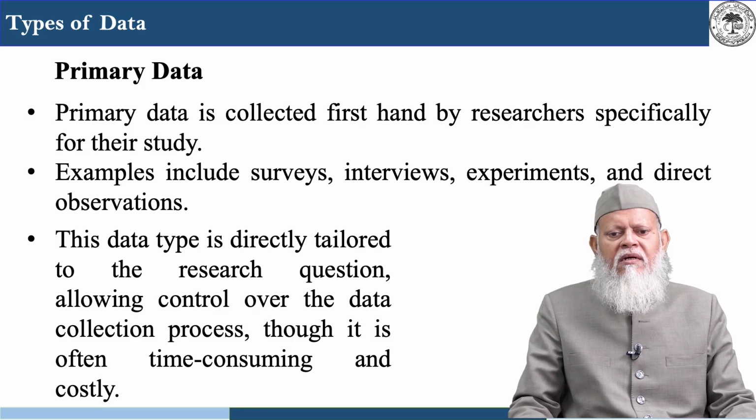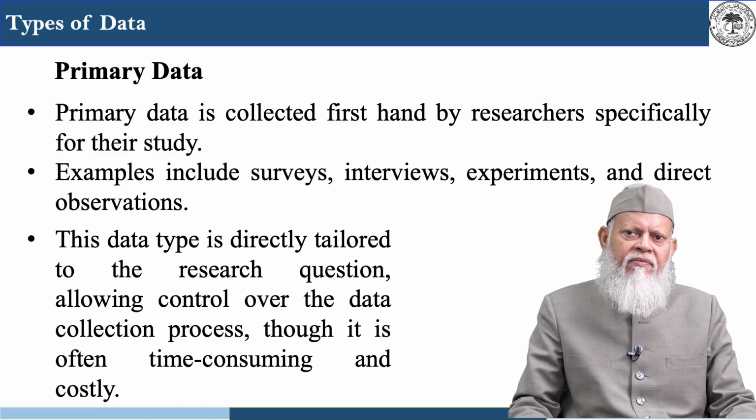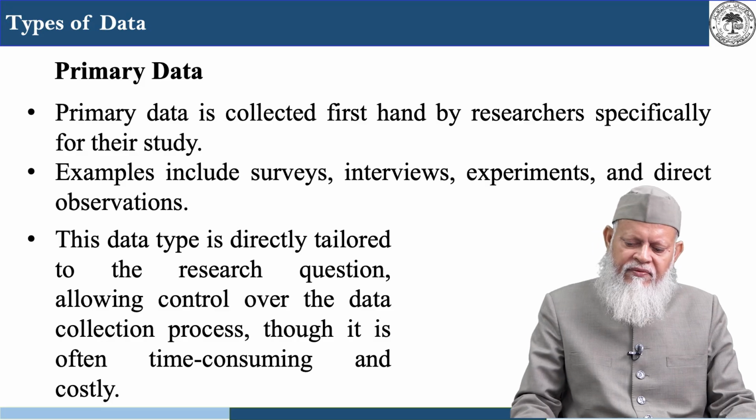This data is tailored according to the research question, because which kind of data is to be collected is determined by the kind of research, the kind of problem of research, and this is why the primary data will only suffice for many kinds of research. The details we shall be further dealing with.